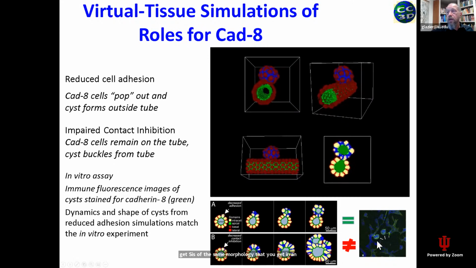Every cell in the cyst expressed the ectopic cadherin. Every cell with the ectopic cadherin was in the cyst, so it was a one-to-one map. That was actually very nice. A little bit unusual that you get that clear a signal.